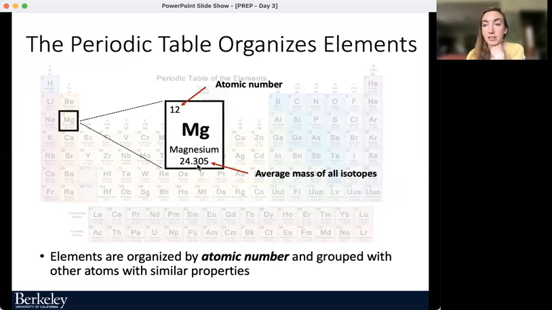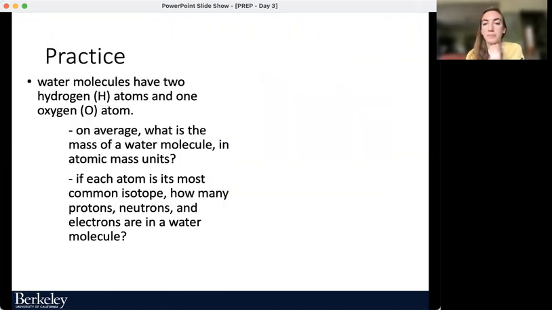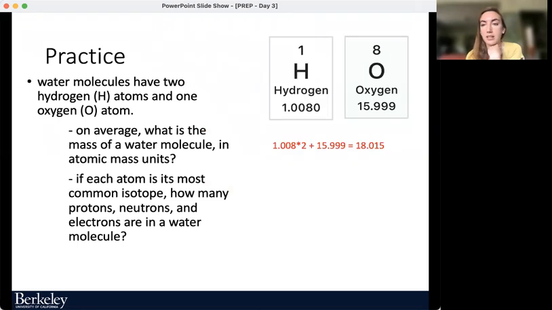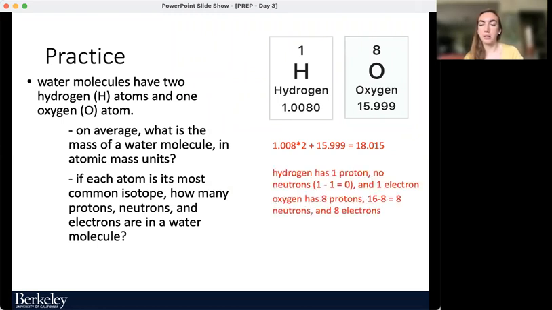Yes, the most common isotope is 24, but there's a lot of other isotopes such that the average is pretty different from 24. So if you use 24 instead of 24.3, that's a pretty significant change. In this case, the most common isotope is far and away the most common, and if you assume that it is the only isotope, not much would change. I hope that clarifies that a little bit.